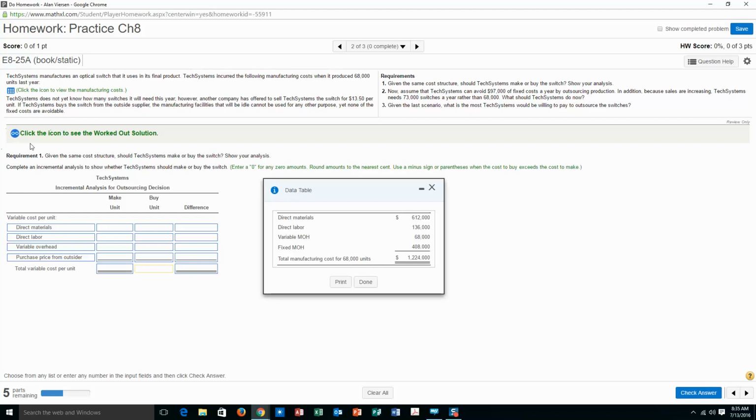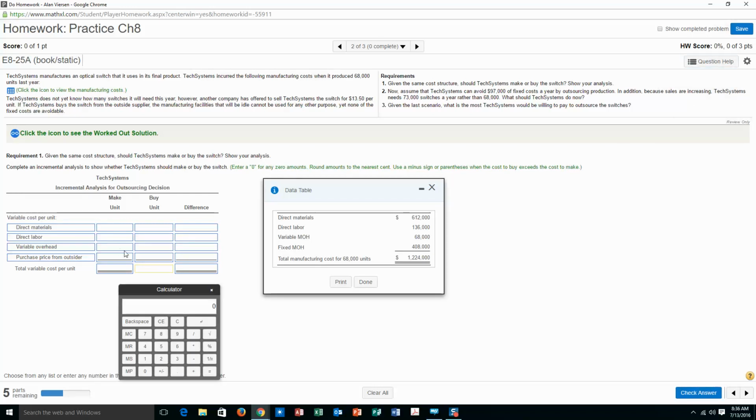All right, requirement one says, given the same cost structure, should they buy or make the switch? And it wants you to give an incremental analysis on a per unit basis. It also says enter 0 for any zero amounts, round amounts to the nearest cent, and use the minus sign when it's appropriate.